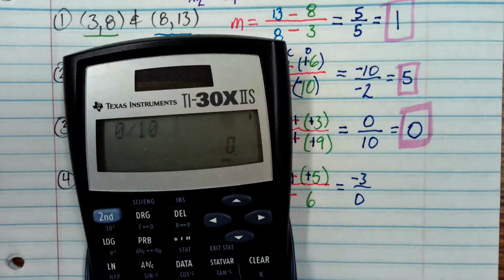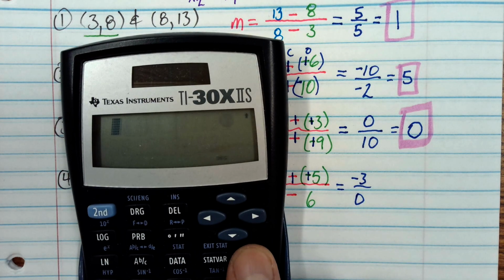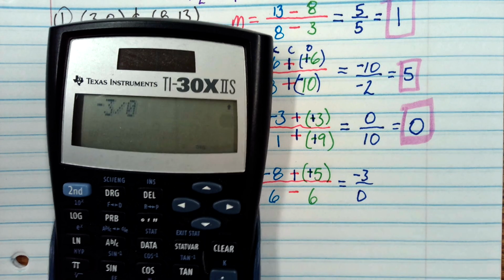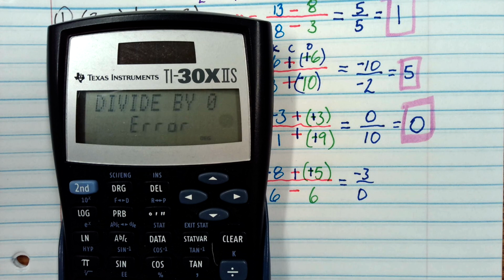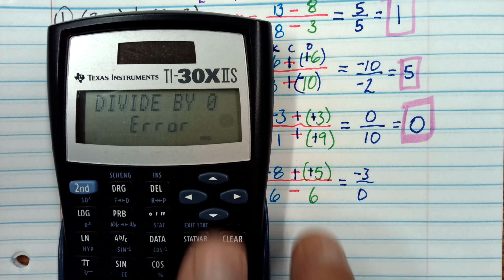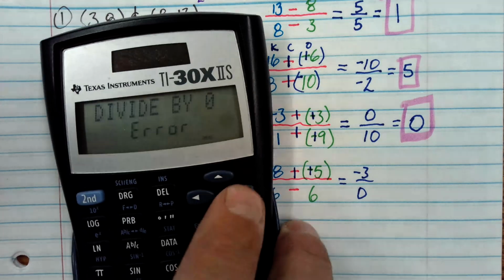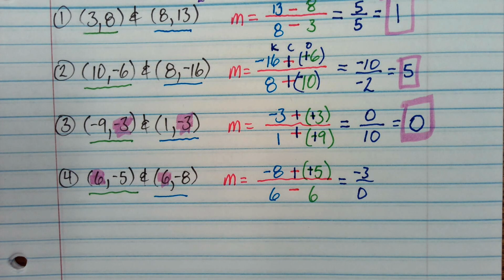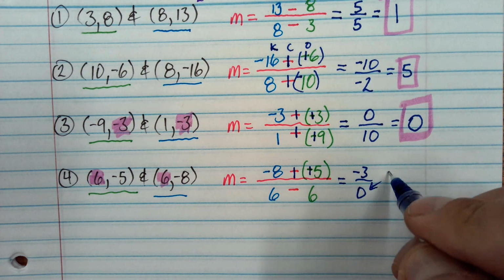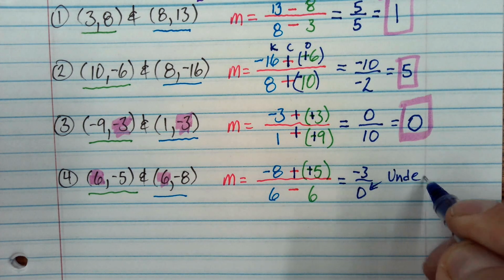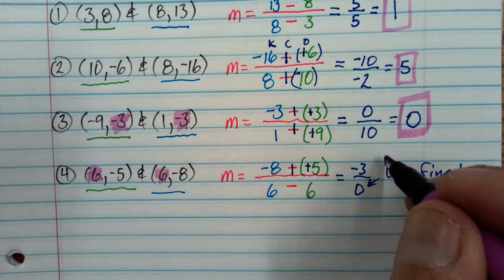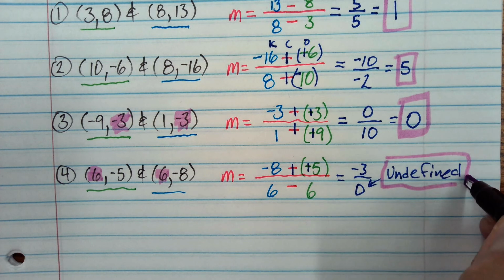If we try it on our calculator, -3 divided by 0. See how I get that divide by 0 error? You can't divide by 0 like we talked about previously. This is undefined. So what that means is that's a vertical line.